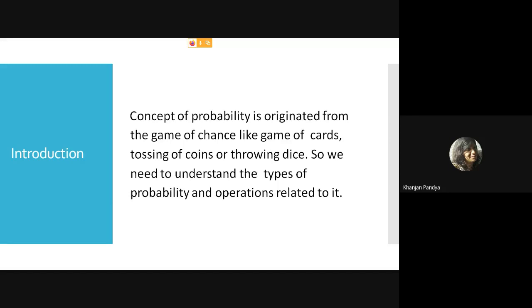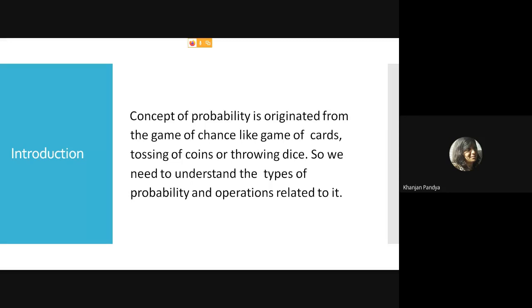Now let me give you the introduction. We know that if we are playing a game of chance, like snake and ladder, it comes with a die. What are we getting as the outcome of a die? If we are playing card games, then we don't know what the outcome will be, which cards will be in our favor and which will not.